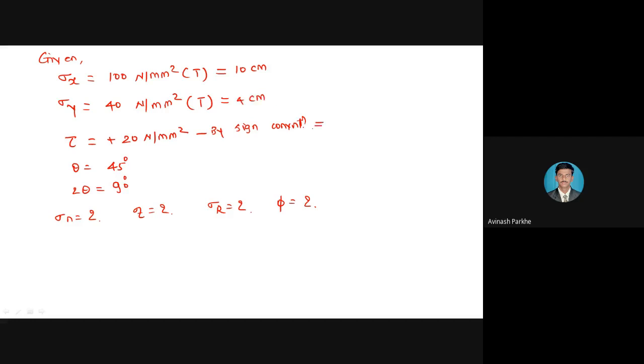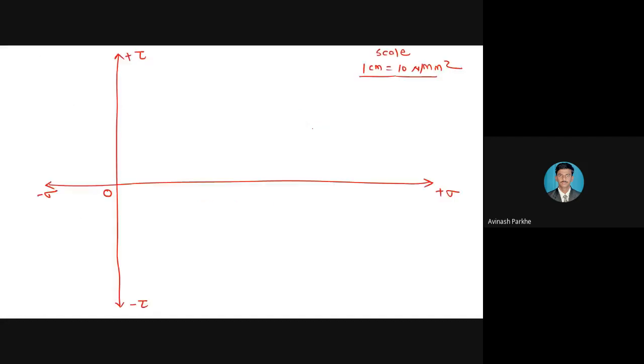The shear stress is also given. In the previous 2 numericals, we have not used our vertical axis. Only the horizontal axis we have used for the sigma x and sigma y location. But here the shear stress is also given. So now we have to use our vertical axis also.